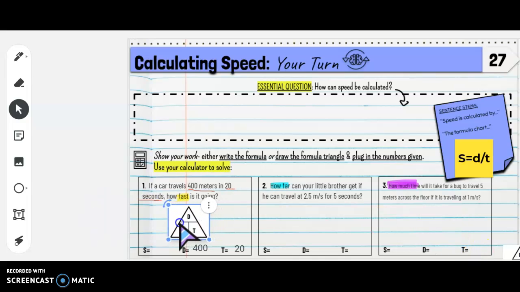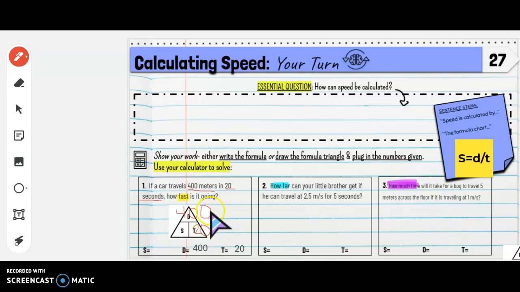I'm going to use the formula triangle to plug in what I know. So distance is 400. So on the top we have 400. Time is 20. So here on the bottom right is 20.